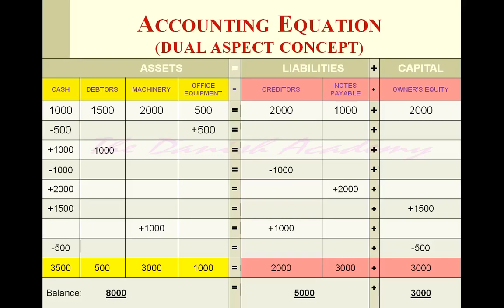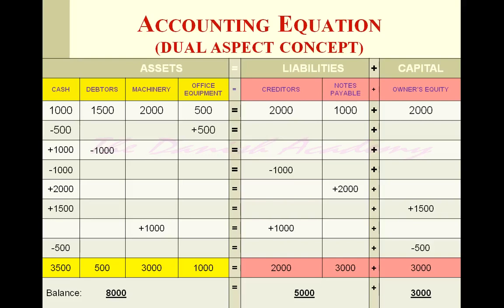And then the business received from the debtors 1000 rupees. So debtors would be reduced by 1000 and cash would be increased by 1000. It is the amount received from the debtors.